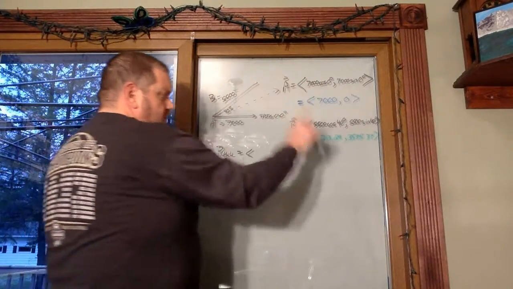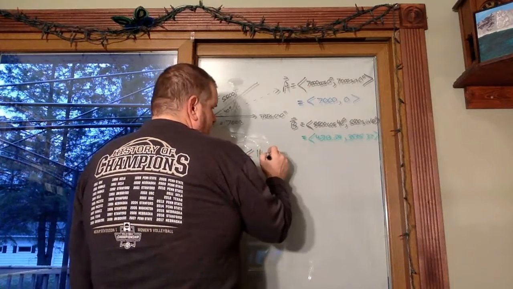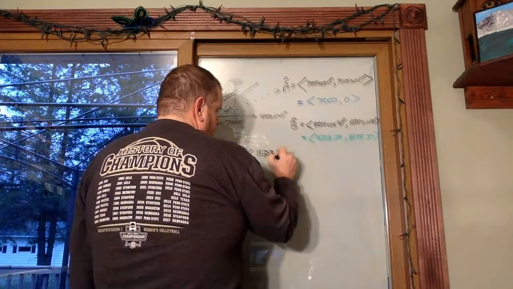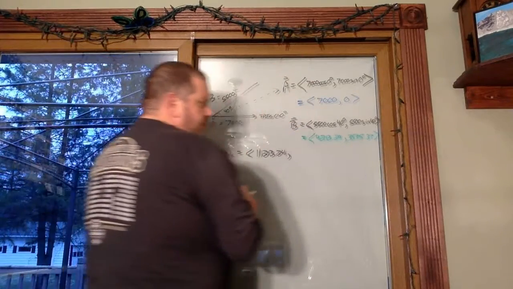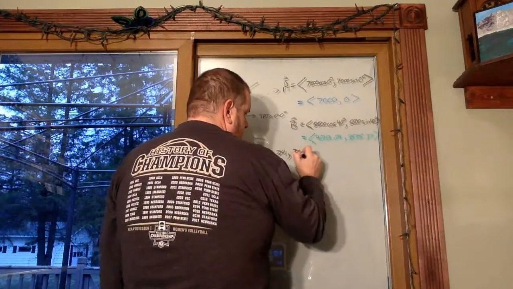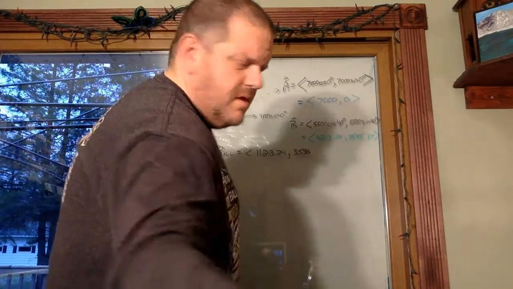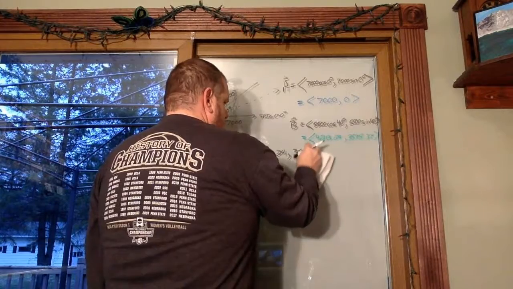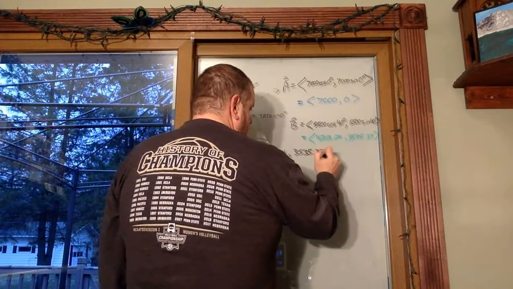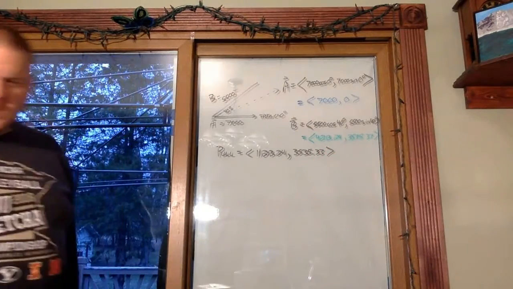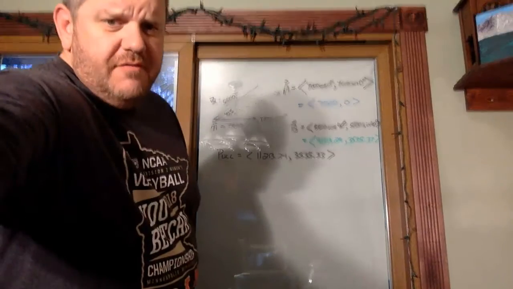So 7,000 plus 4,213.24 is 11,213.24. 0 plus 33 is 35. 35, 33. Okay? And we need to find the magnitude of that.